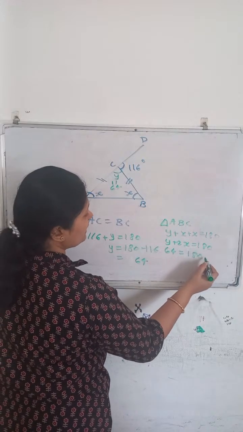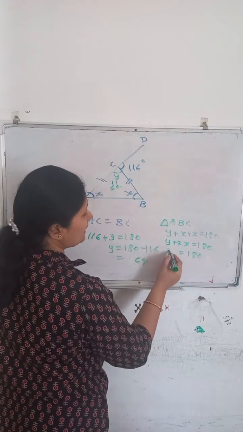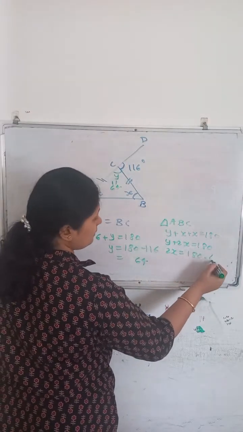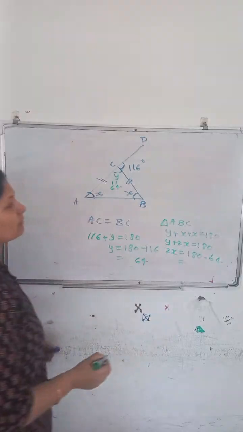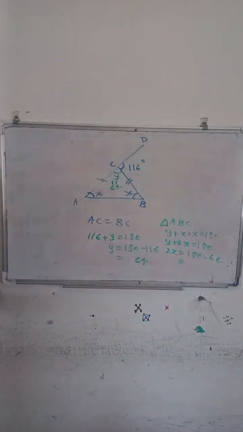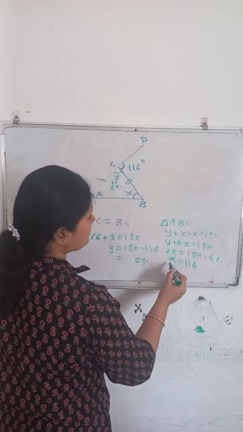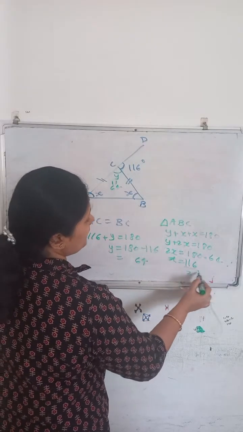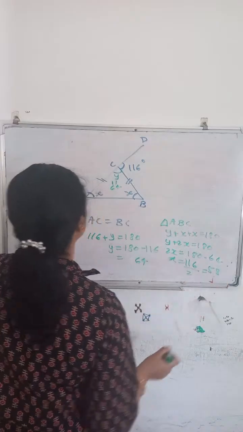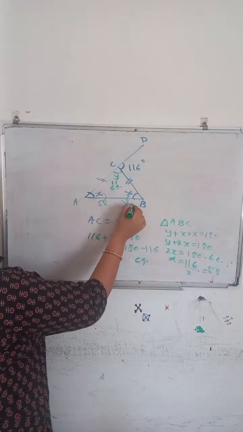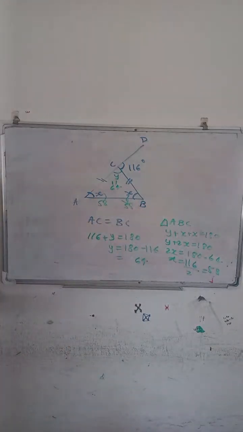So 2x is equal to 180 minus 64, that is 116, and you can divide this by 2. So 58, and this is also 58. So they are asking the value for X, so we will get the answer as option C, that is 58.